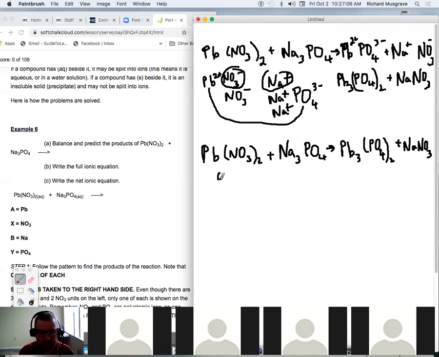Now, I had said earlier what these were. This is an aqueous solution, aqueous. But you'll remember I said that one of these is going to come out to be a solid.